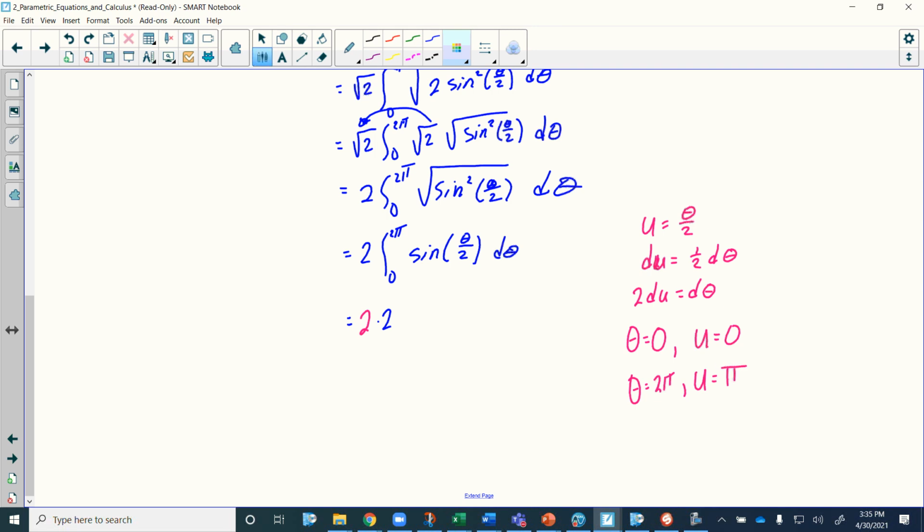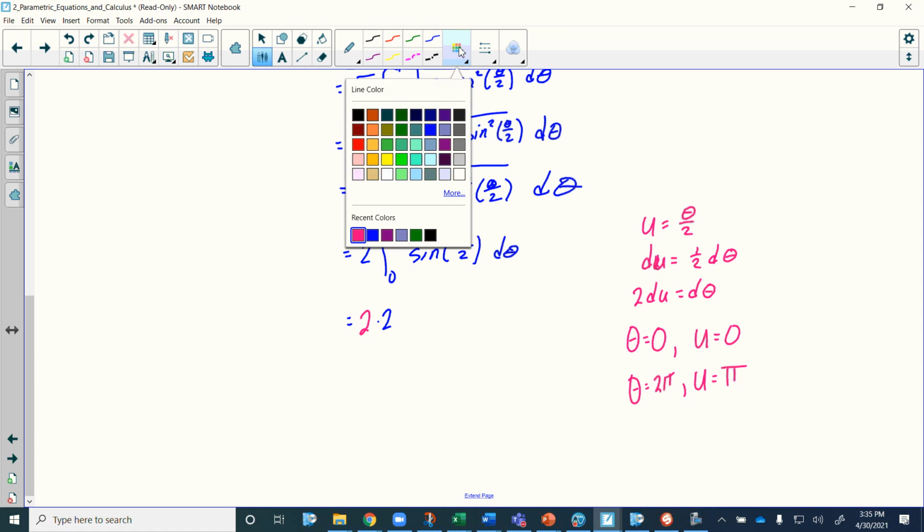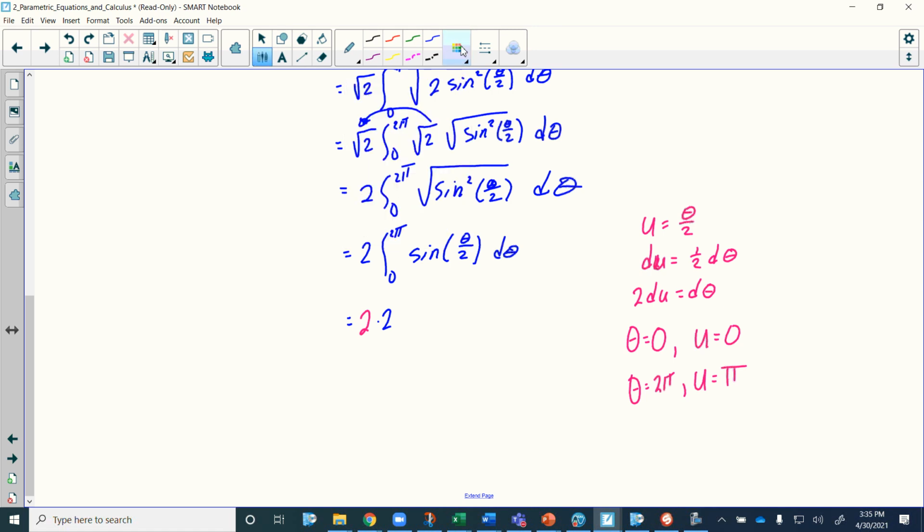So my upper and lower bounds didn't change. So let's go here. We have 0 to pi of sine of u du. And now we can actually take the antiderivative.